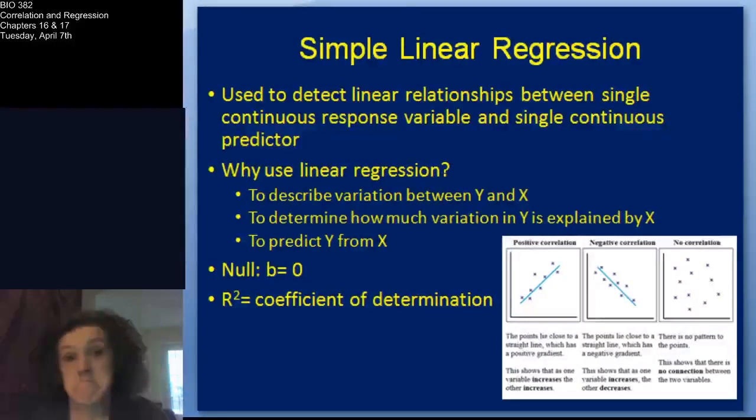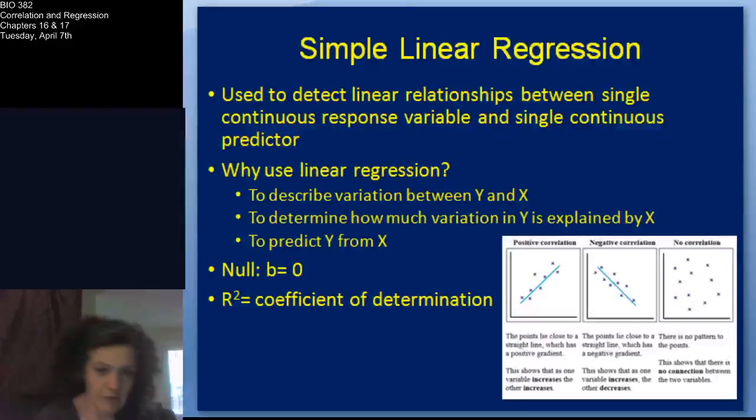You may also be interested in describing variation between y and x, or trying to figure out how much variation in your response variable is explained by your predictor. Does your predictor influence y?